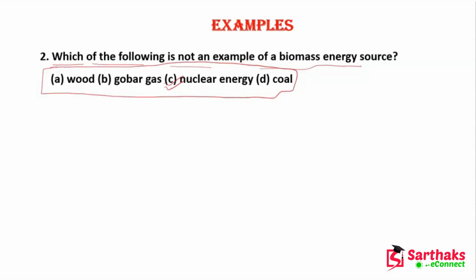In nuclear energy we all know that we use two types of reaction. The first one is the nuclear fission reaction and the other one is nuclear fusion, and we all know the difference between them.